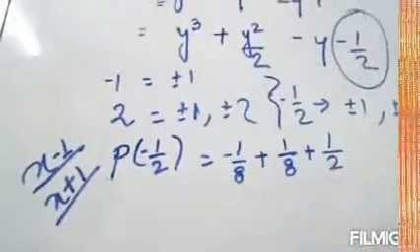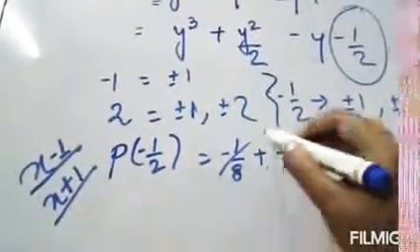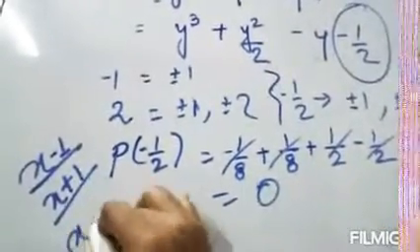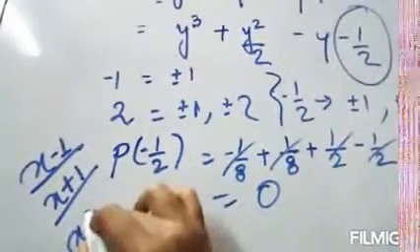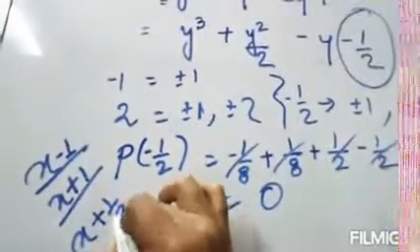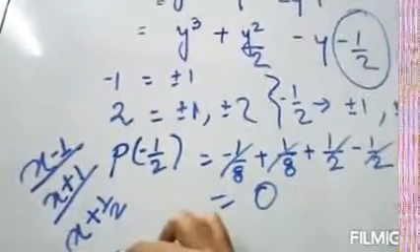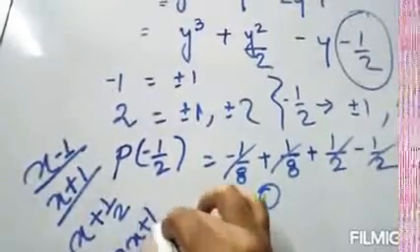So plus half, and this will be half. So here you see we are getting 0, which means x minus half, no? So it will be x plus half, which means now we can't write x plus half. We have to write it as 2x plus 1.